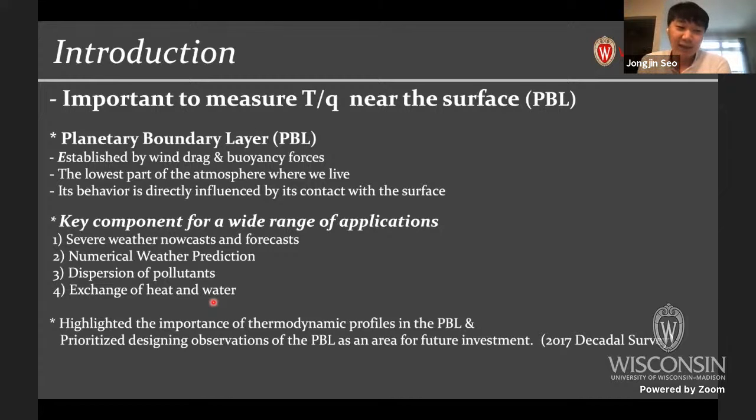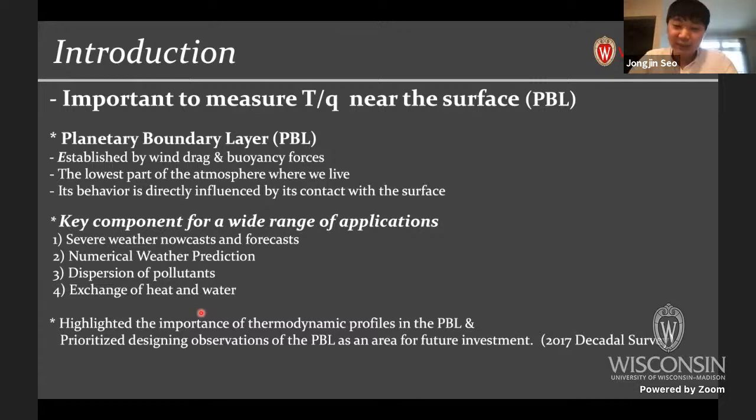So the thermodynamics of the PBL is a key component for a wide range of applications, such as severe weather nowcast and forecast, and initialization for numerical weather prediction models. This is also connected with dispersion of pollutants and exchange of heat and water.